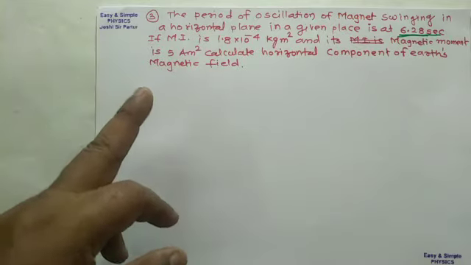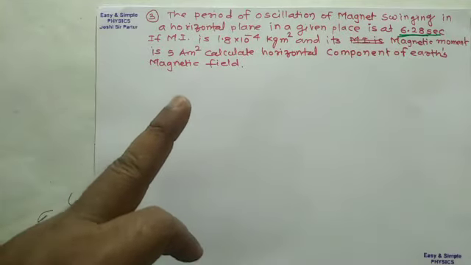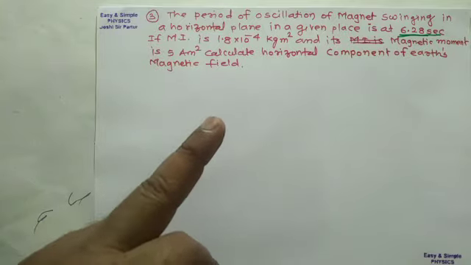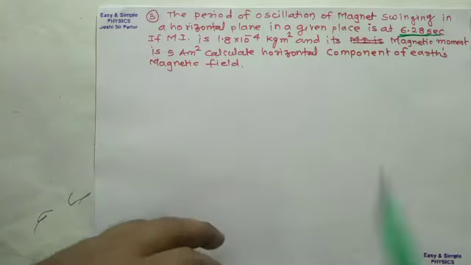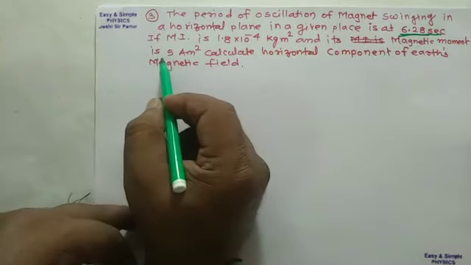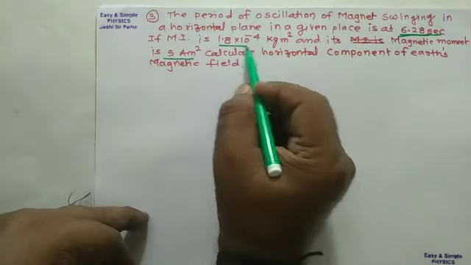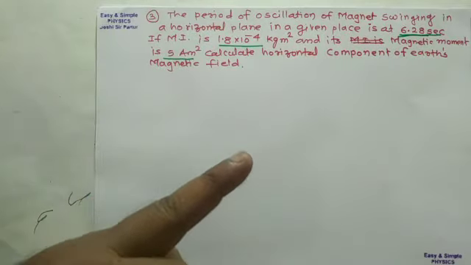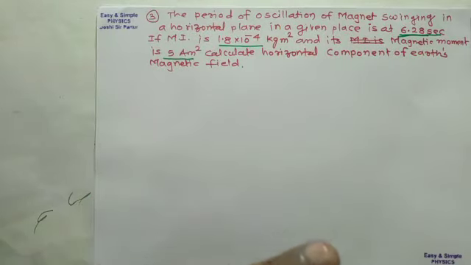If the moment of inertia is 1.8 into 10 to the power minus 4 kg meter square and its magnetic moment is 5 ampere meter square, find the horizontal component of earth's magnetic field.